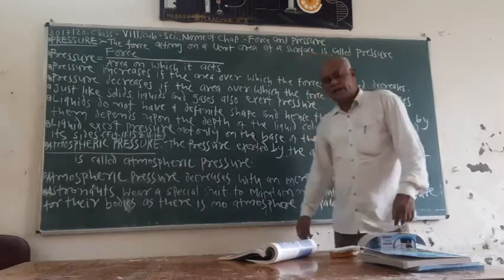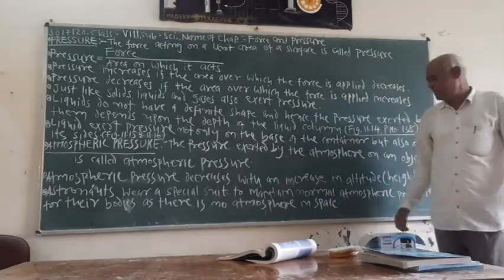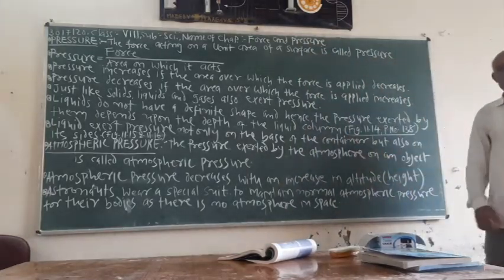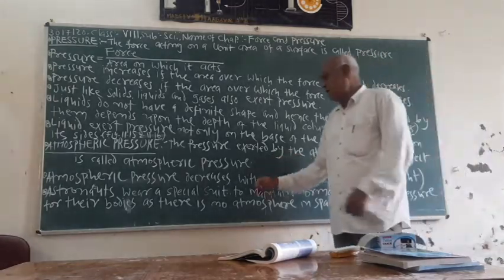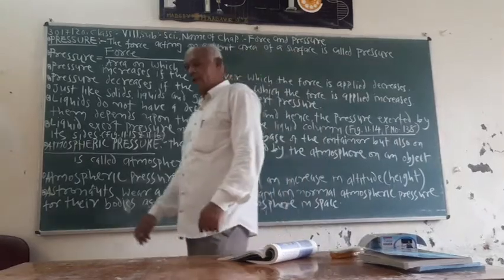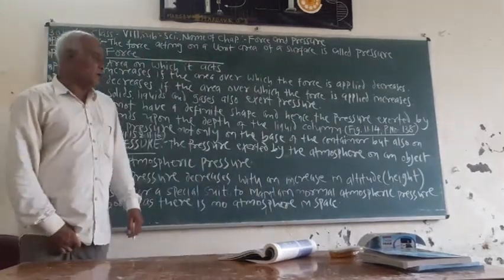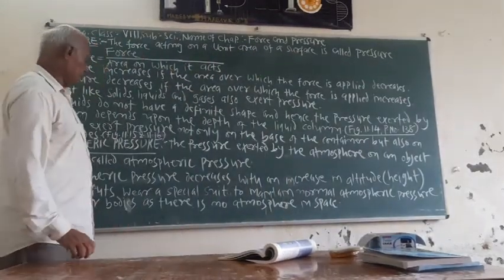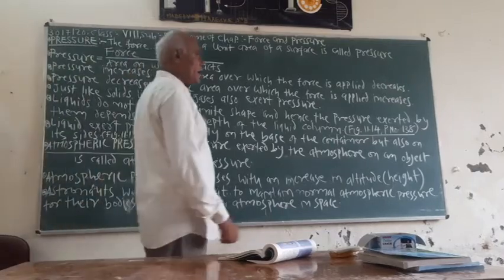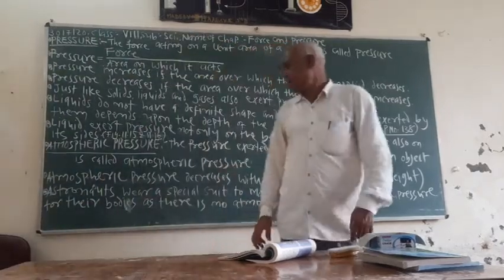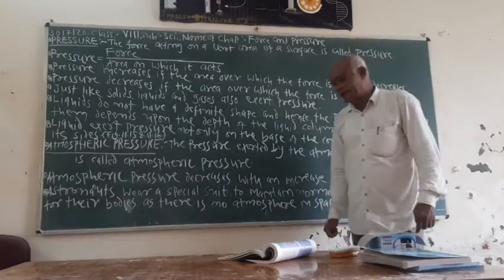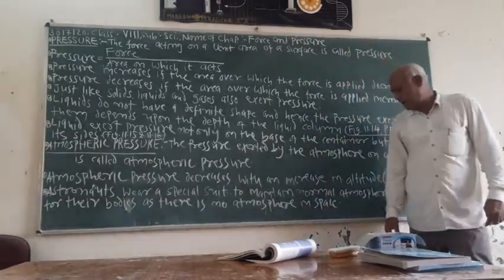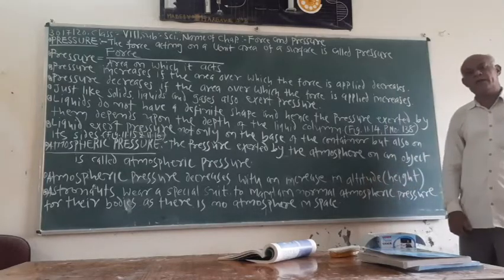The pressure exerted by the atmosphere on an object is called atmospheric pressure. It means the atmosphere also exerts a pressure on an object. Atmospheric pressure decreases with an increase in altitude, that is, height.